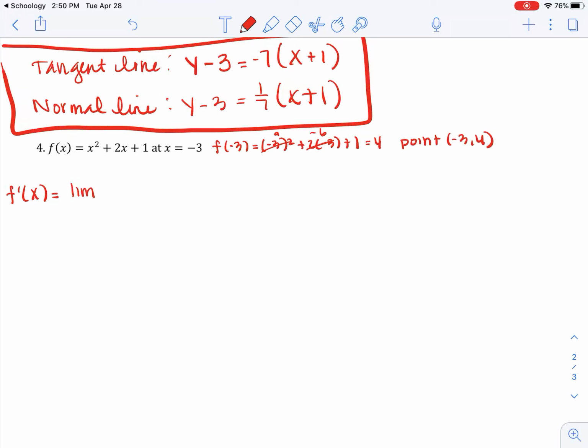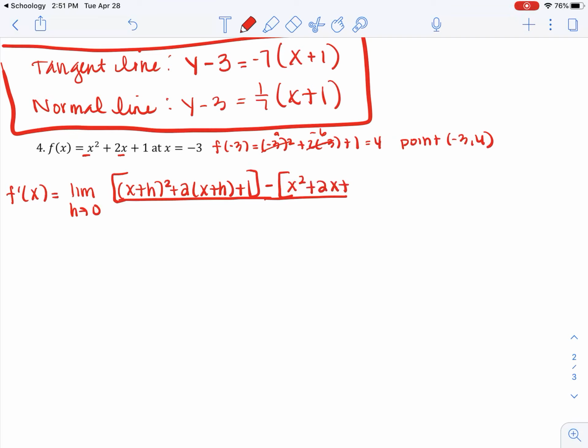So that's the limit as h approaches 0 of f of x plus h. So I'm going to plug in x plus h here and here: x plus h squared plus 2 times x plus h plus 1 minus f of x. I'm just going to copy that down: x squared plus 2x plus 1, all over h.